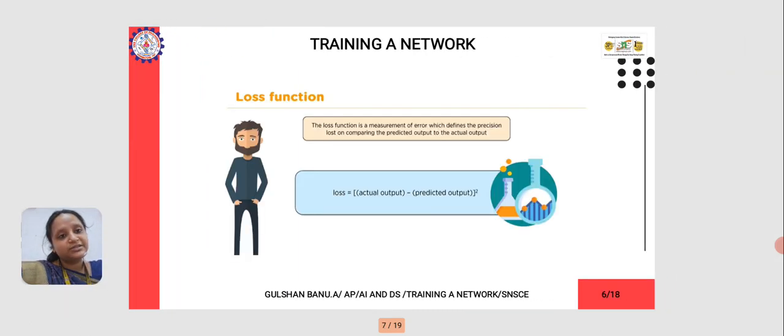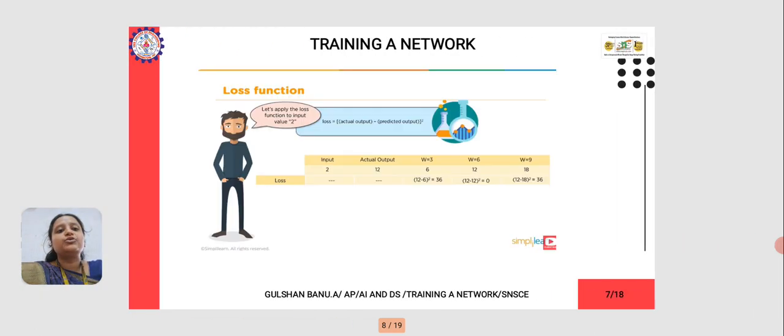Now, what is this loss function? Loss function is measured when you find any kind of deficiency in the given process. You calculate it as the square of actual output minus predicted output. Here you have the input and the actual output, and you subtract the predicted value from the actual value.